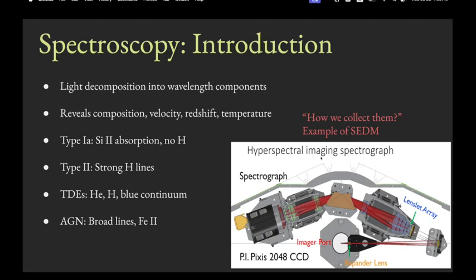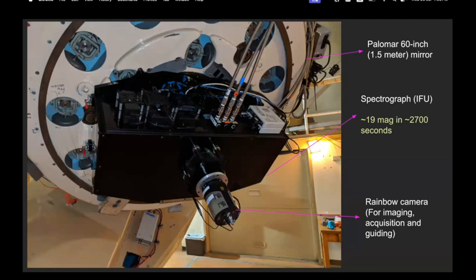For example, I have this from another presentation, from Michael's presentation, and this is the Palomar telescope, and here is the machine with which we are able to collect the spectrum. And actually, the spectra that you will see here and also in the notebook are from SEDM data.